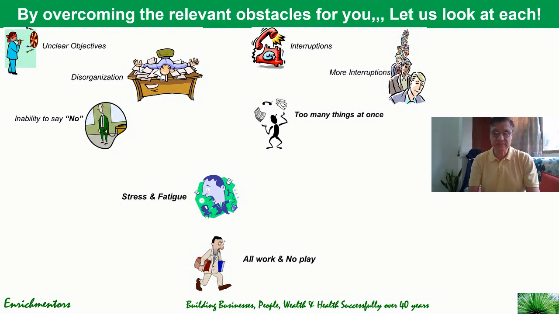We will take you through how you can overcome each of these so that you can pick the relevant obstacle for your personalized time management competency improvement, and then develop action plans and move forward. So let's take a look at each of these.